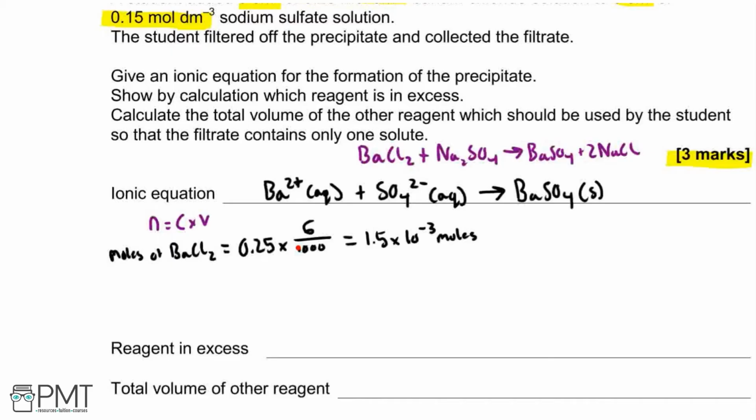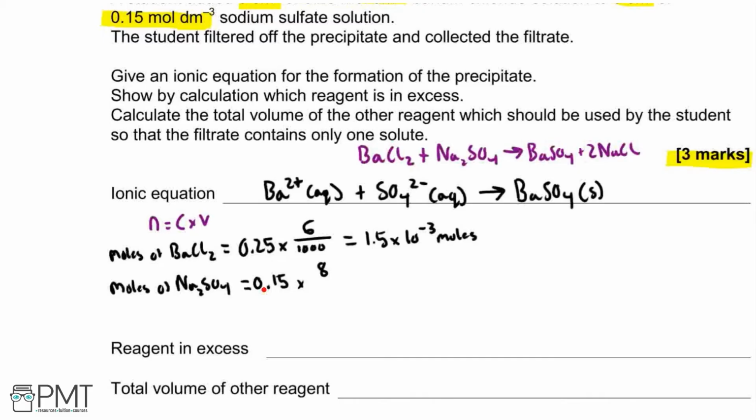Now that we have calculated our value for barium chloride, we need to calculate the value for our sodium sulfate. So we are now going to calculate moles of sodium sulfate, Na2SO4. Again, we're using concentration times volume. This time our concentration is 0.15, and again, our volume is in cm³, so we divide by 1000.